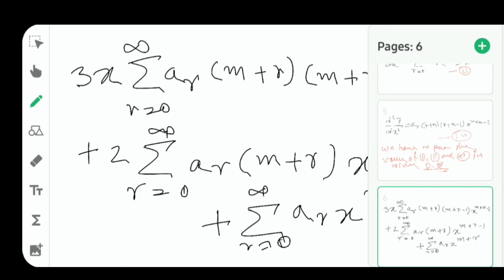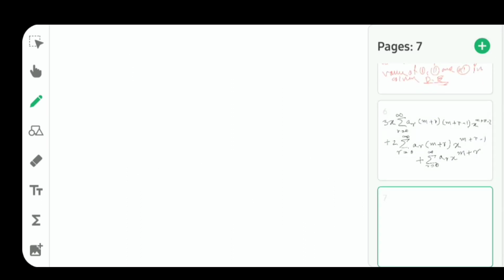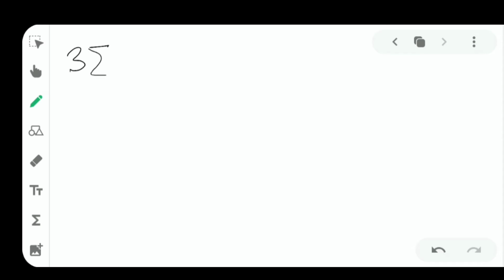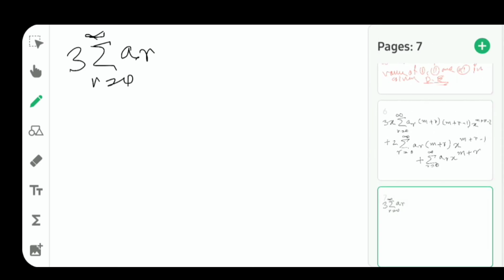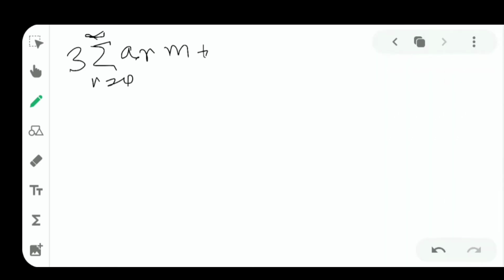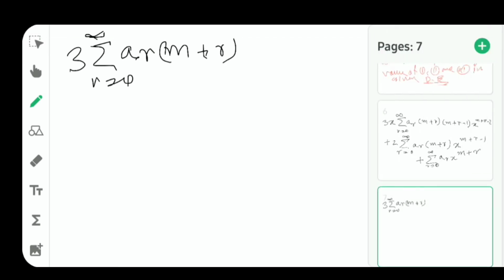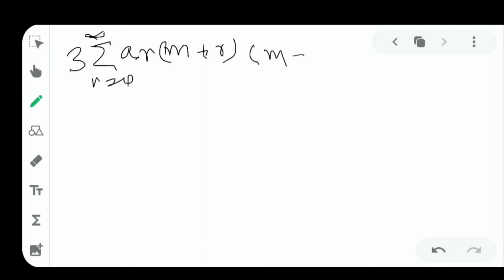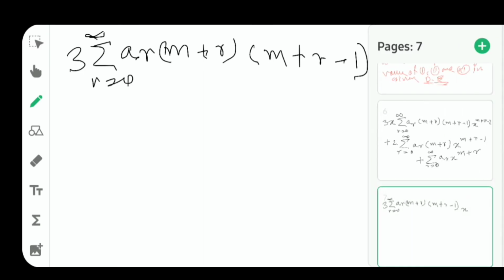Now multiply with x here. Then you'll get 3 summation r equals 0 to infinity of a_r (m plus r)(m plus r minus 1) x to the power m plus r minus 1.